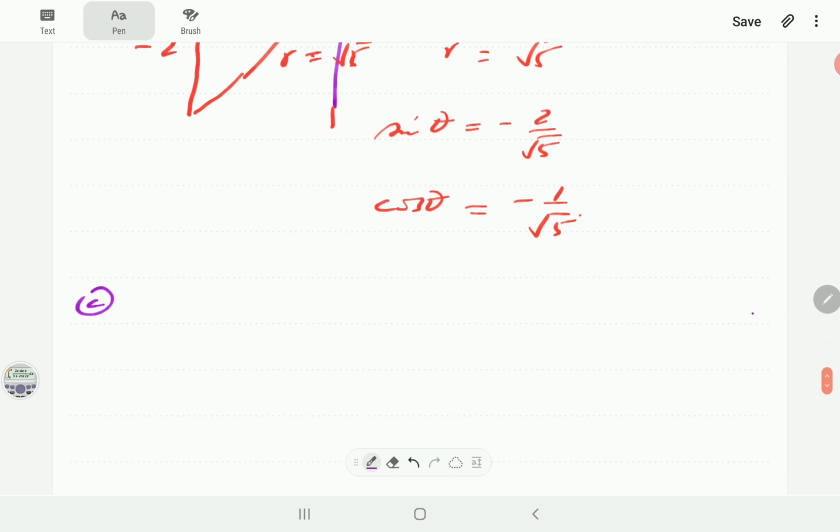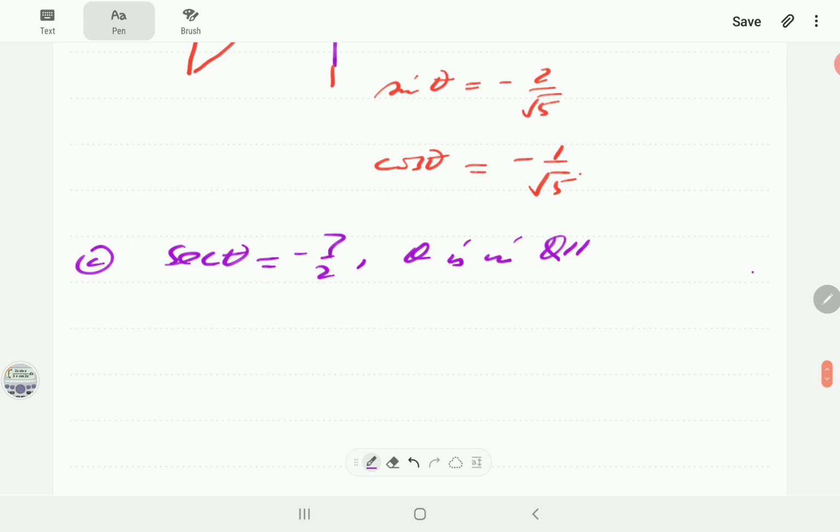In part C, we have secant theta negative 7 over 2, and we're told that theta is in the second quadrant. So probably the first thing we need to do here is to write this in terms of cosine.